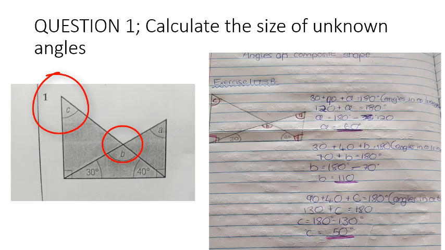If you check properly, you are going to find that these angles are found within triangles. And we know the property which says angles in a triangle add up to 180 degrees. So we are going to use the given angles to find the size of unknown angles.